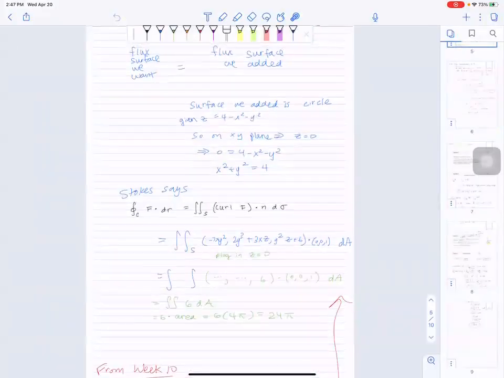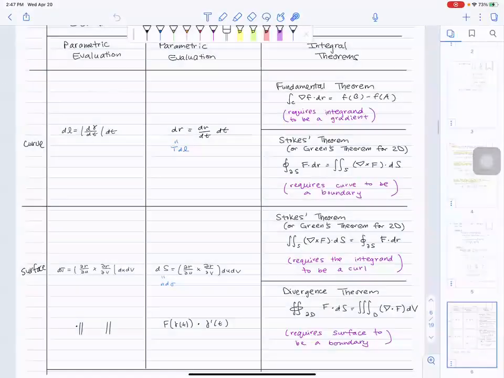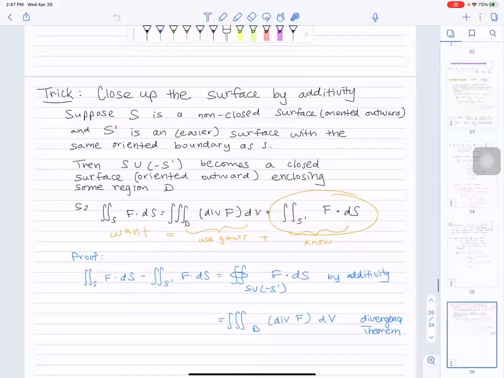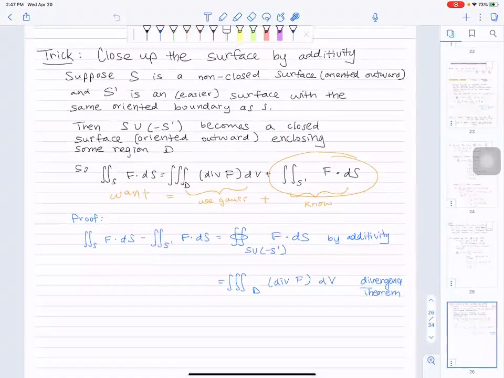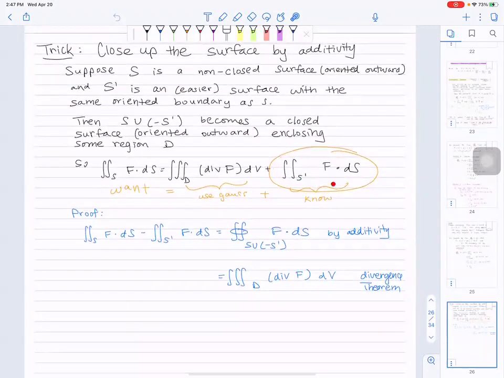Unless it's curl. Okay, yeah. So you can still use divergence for this, because now we have a 2D shape that's still closed.